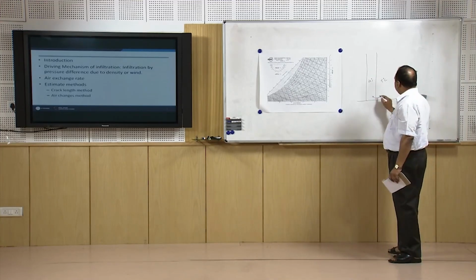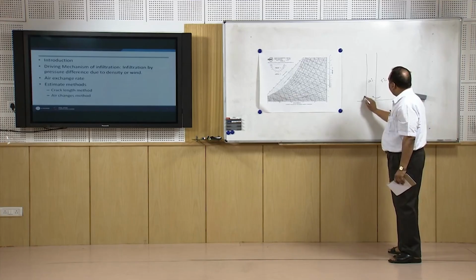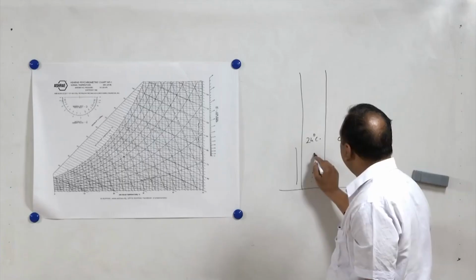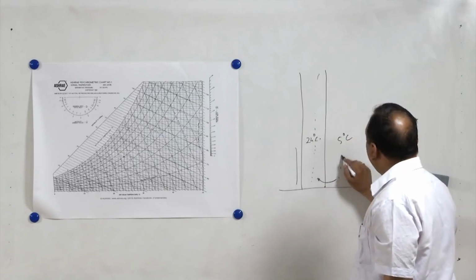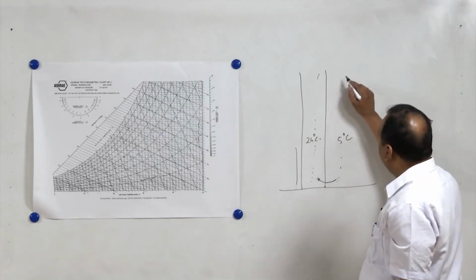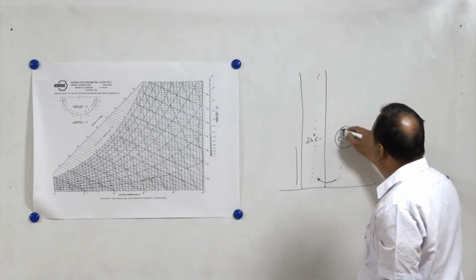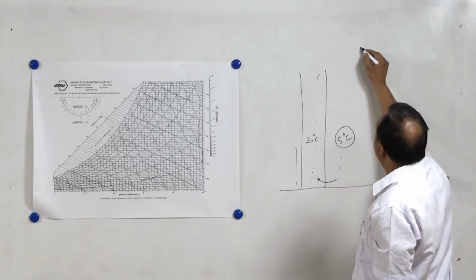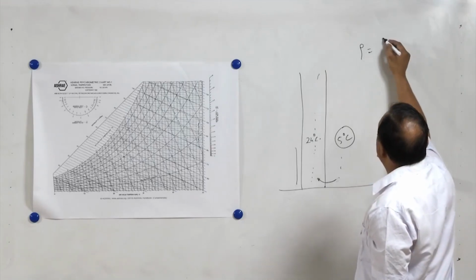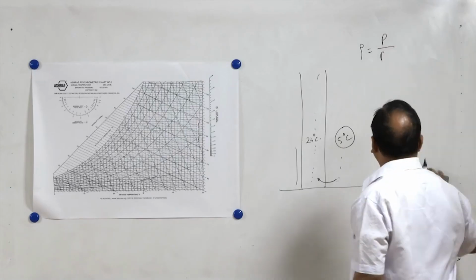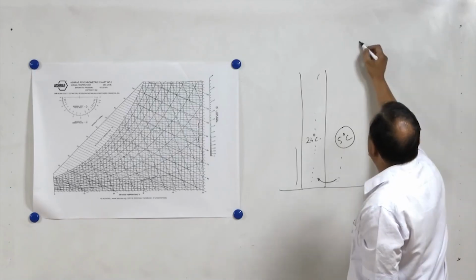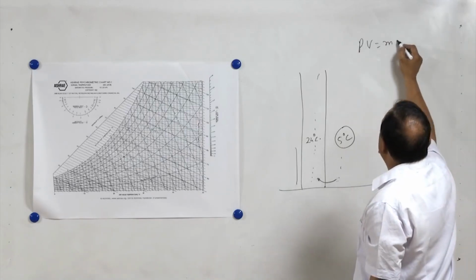And when we are going up, the pressure in the building will reduce, pressure outside will also reduce, since the density of air is higher in this case, because PV is equal to mRT.